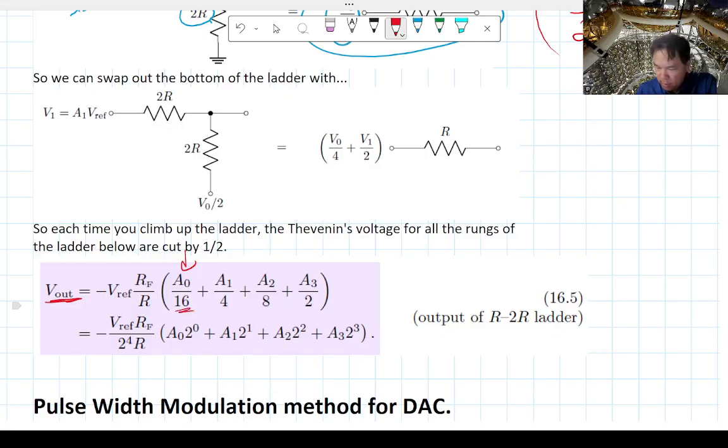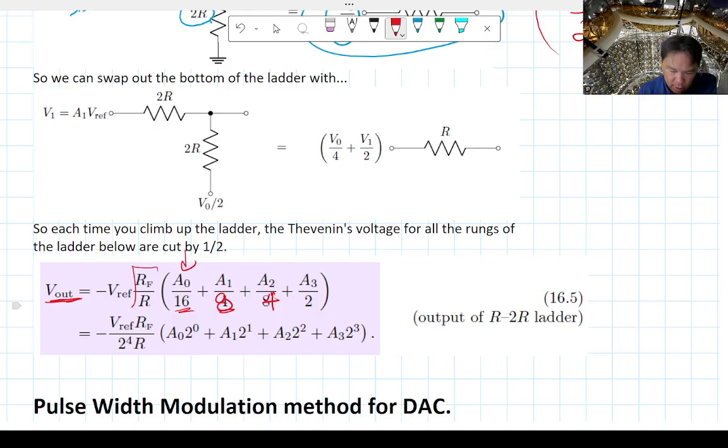So this is going to be the 4-bit version of it, where the bottom rung gets divided by 16. Yeah, the second rung gets divided by 8 because you go up 3 times, and then the next rung gets divided by 4, and then the top rung only gets divided by 2.